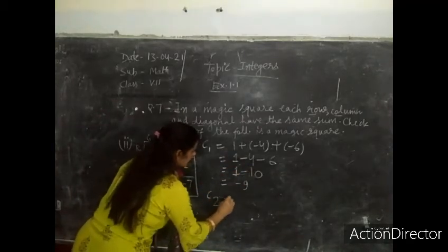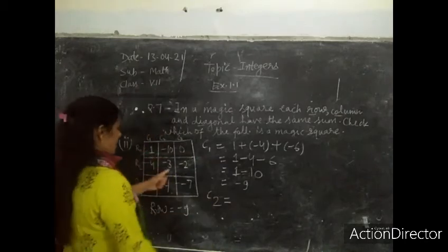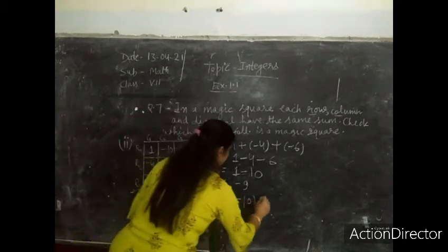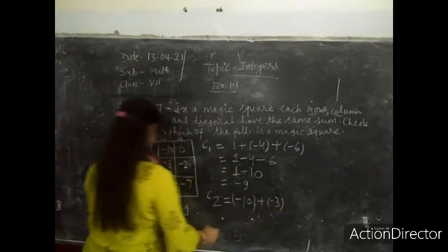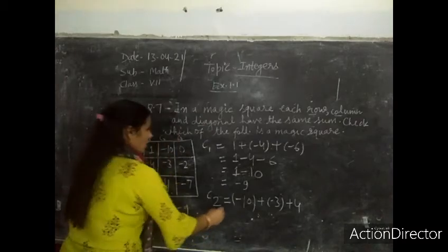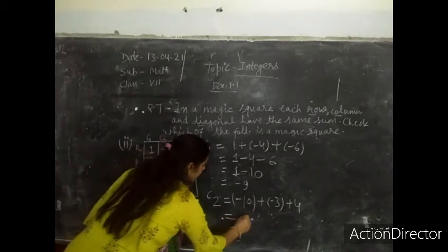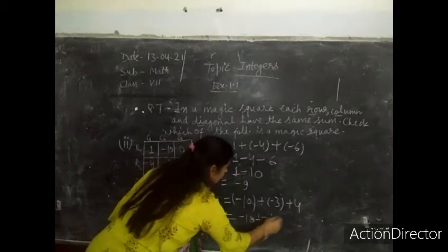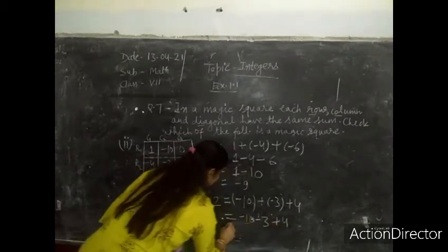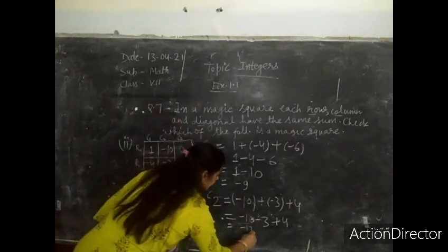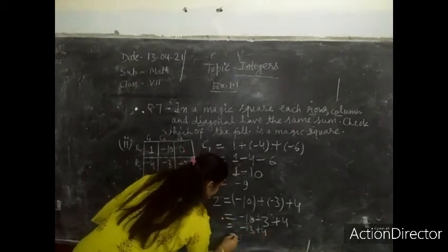Come to C2. What about C2? Minus 10 plus minus 3 plus 4 here. Minus 10 plus minus will become minus 3, and plus 4. Here will be minus 10 and minus 3, minus 13 plus 4.